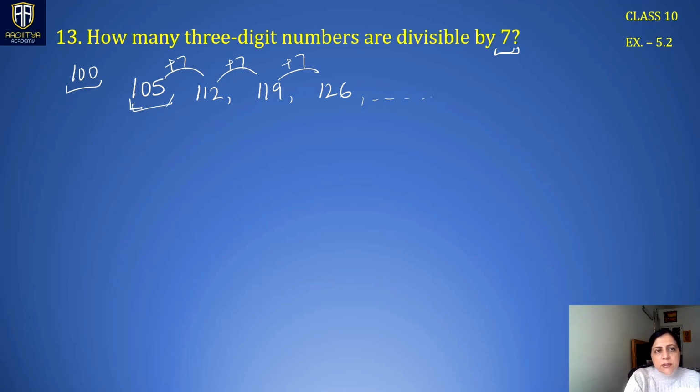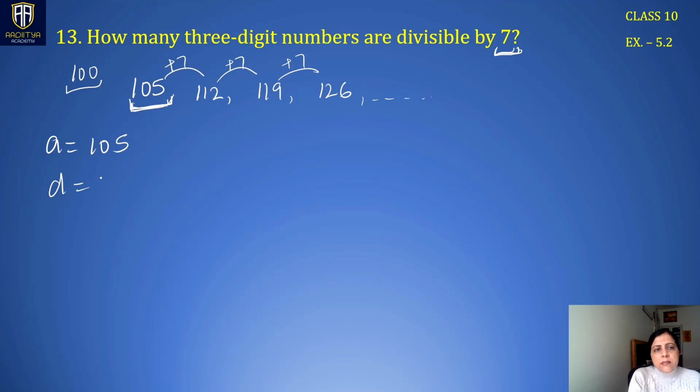See, the first term is 105. This is the first 3-digit number which is a multiple of 7. 100, 101, 102, 103, 104 are not divisible by 7. By taking out the first term, we keep on adding the required number so that the sequence is all about multiples of 7. Now we have got A. A is 105.